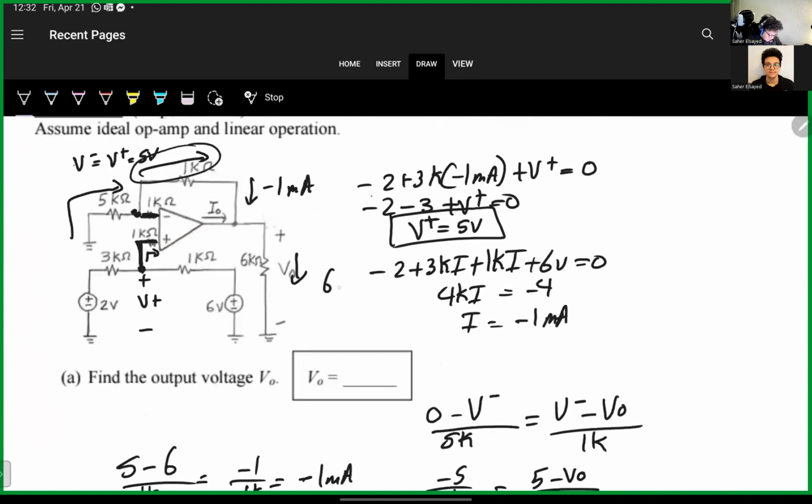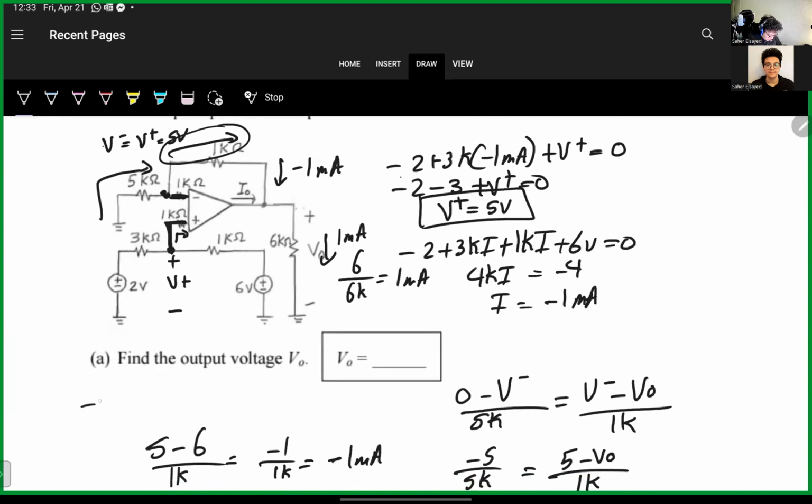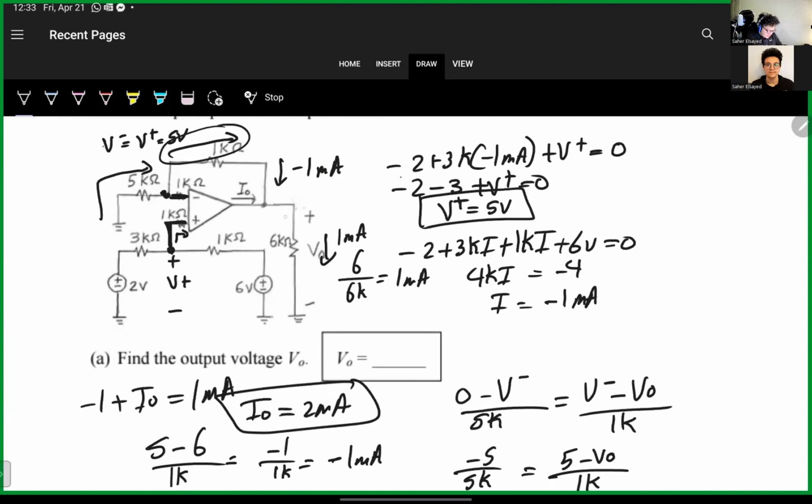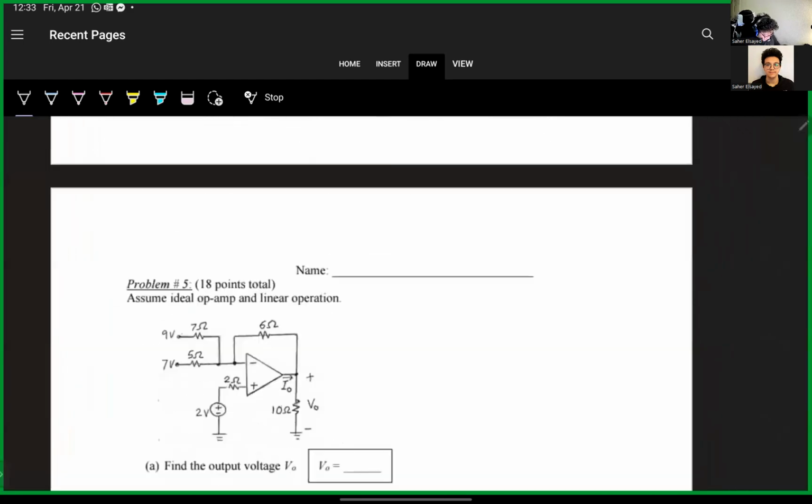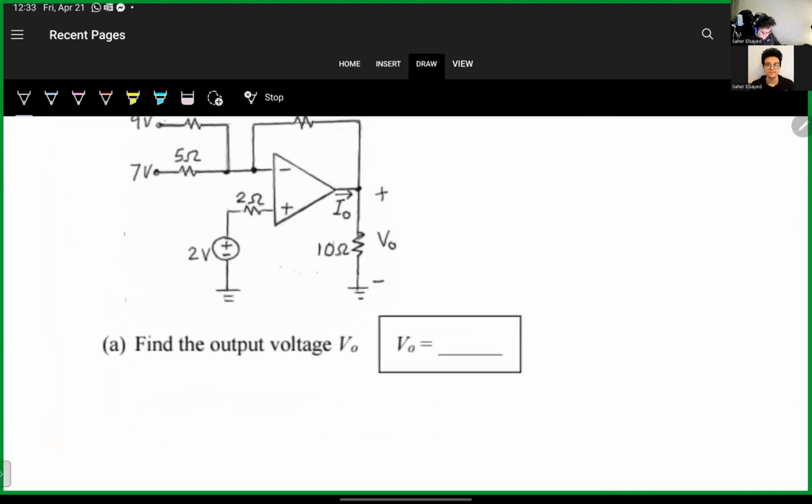So 6 minus 0 divided by 6K is 1 milliamp. So if this is 1 milliamp and this is -1 milliamp, wait, this is going in, this is going in. So -1 plus IO equal to 1 milliamp. So IO is 2 milliamps. Just a small KCL here. That's it. That's the question. Very simple, very easy, right?